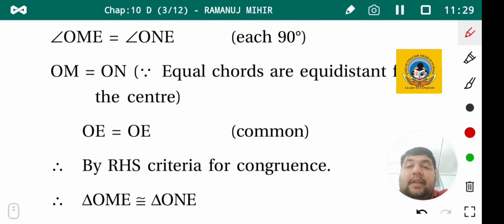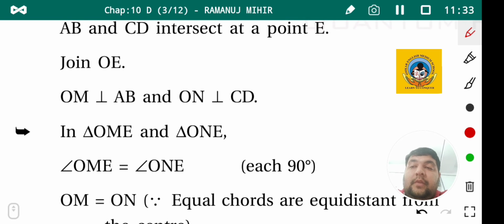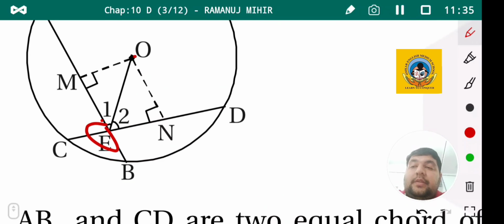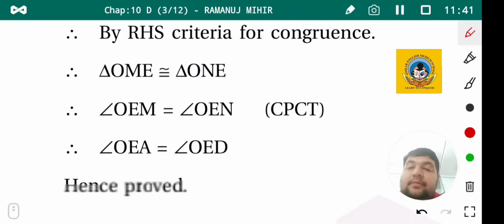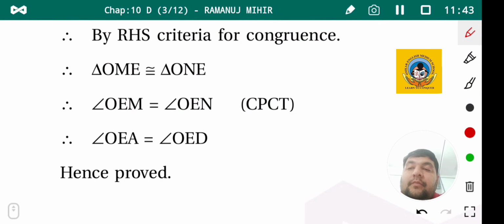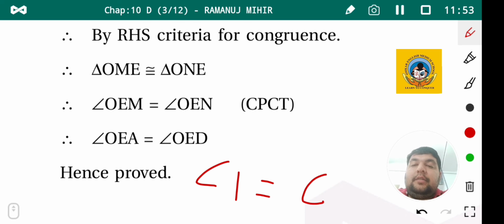So by the RHS criteria, triangle OME and triangle ONE, this triangle and this triangle, are congruent. And if they are congruent, by CPCT, angle OEM is equal to angle OEN, it means angle OEA is equal to angle OED, it means angle 1 is equal to angle 2.